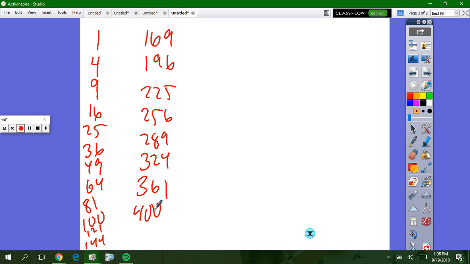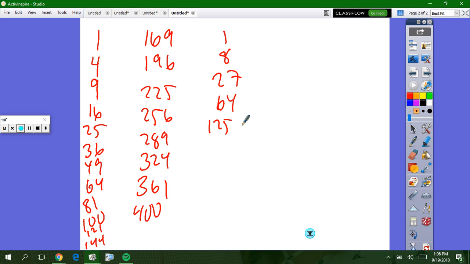Okay. How about our cubes? Not that I'm going to go all the way to 20 cubed. Anybody know those, though? Here we go. What's 1 cubed? 1. 2 cubed, 8. 3 cubed, 27. 4 cubed, 64. 5 cubed, 125. That's usually as far as I go.